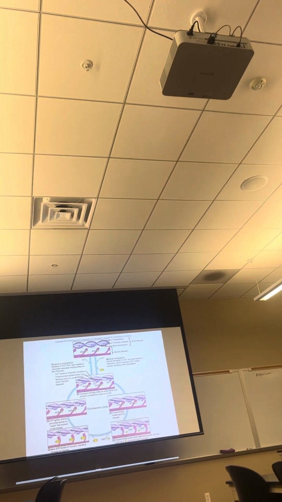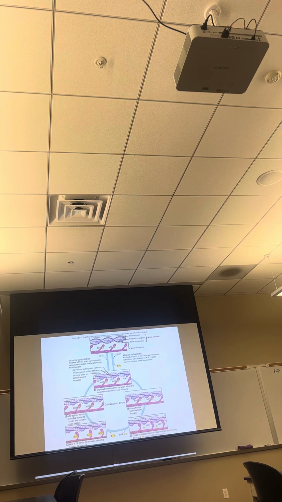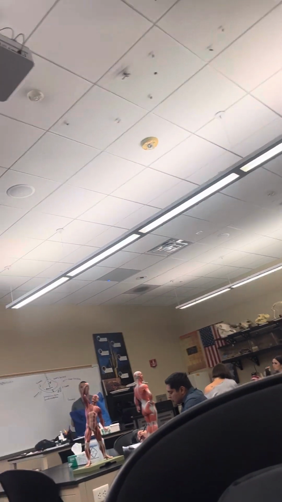The head goes like this, and the myosin and the actin slightly move past each other. The ADP comes off, another ATP comes in and does what? Unattaches it, cocks it, gets it ready to go again by hydrolyzing it into ADP. Then it attaches again, does another power stroke, moves a little bit further past each other, another ATP comes in, gets hydrolyzed, takes it off, attaches again, moves a little bit further towards each other.